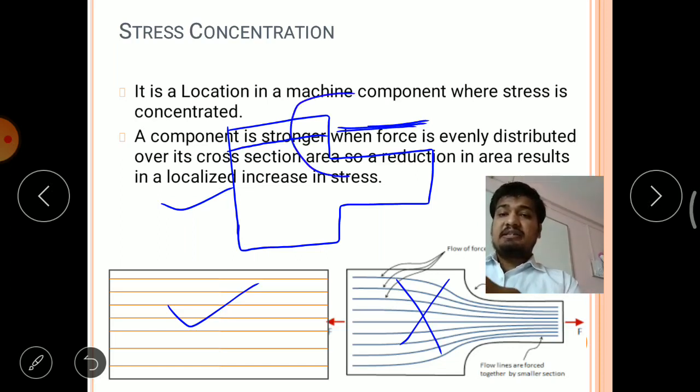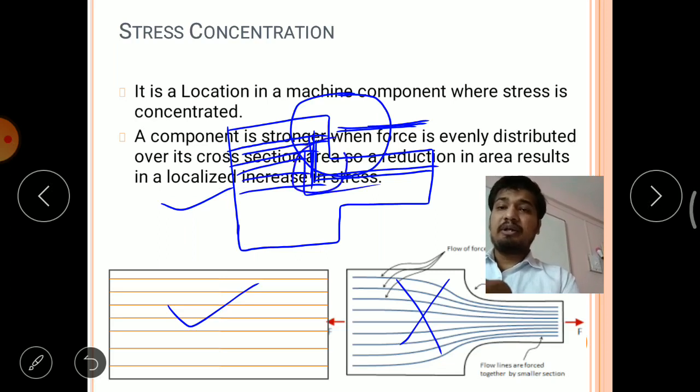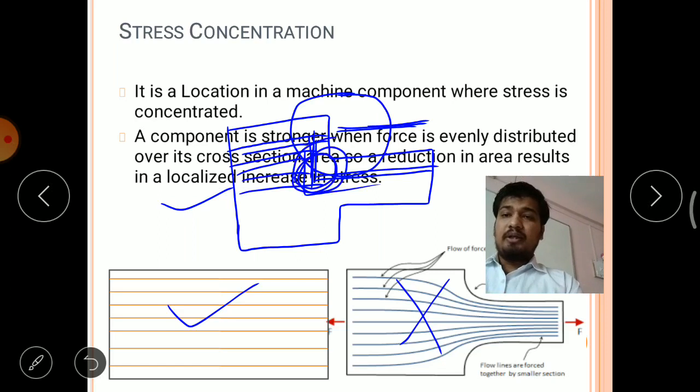At this section, the important point is that the stress concentration line changes its way suddenly, and due to that, when other lines are also marked, a conjunction point is created here, and at that point a localized increase in stresses is produced.